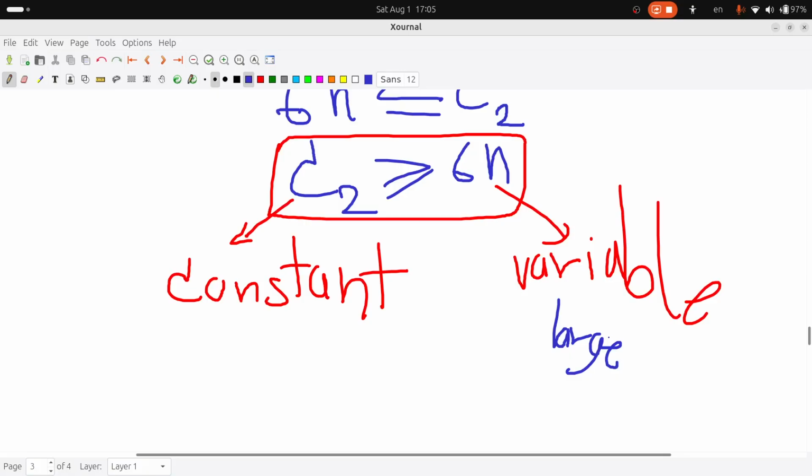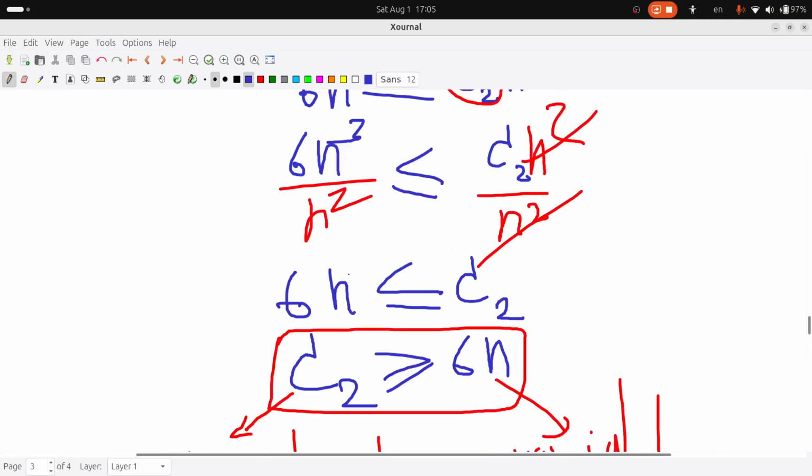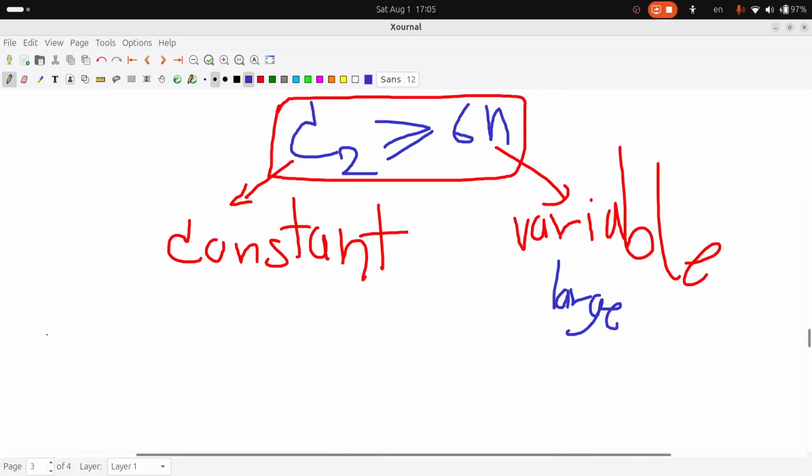So that means the constant C2 depends on the right side of n, and we can show that we cannot find a constant C2 such that this inequality is true from some starting point. We can write something like this.